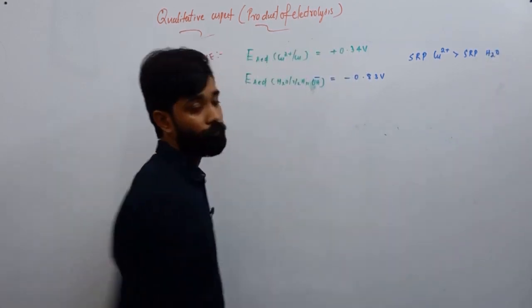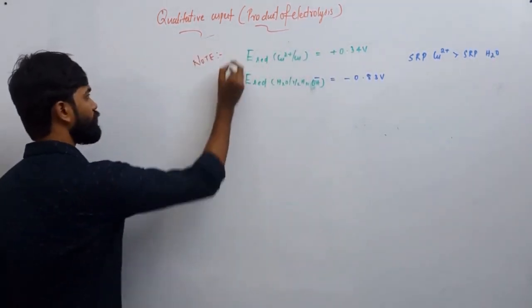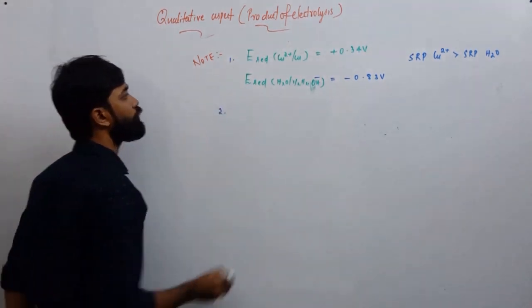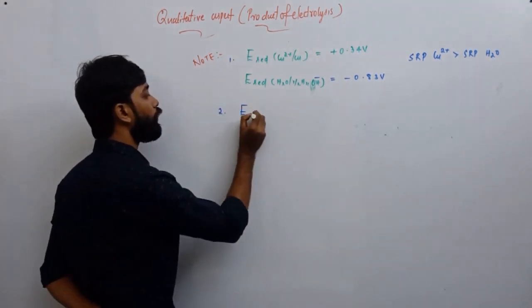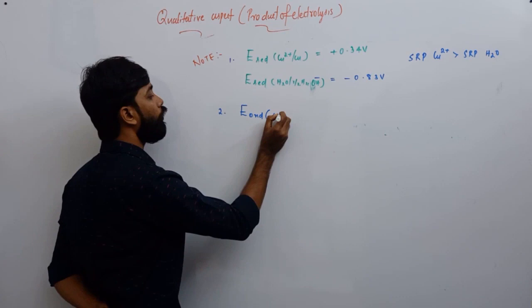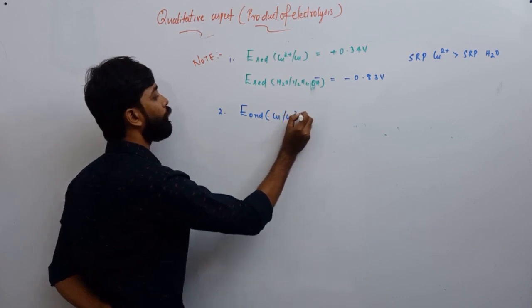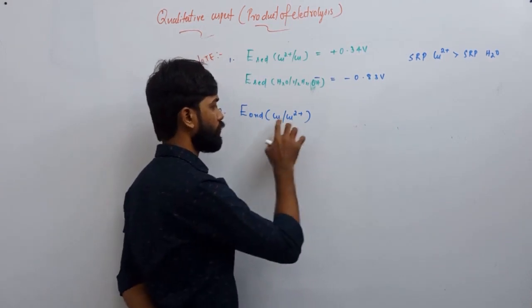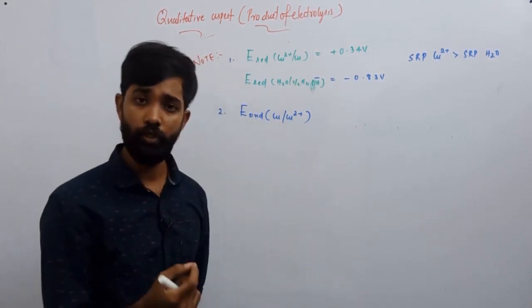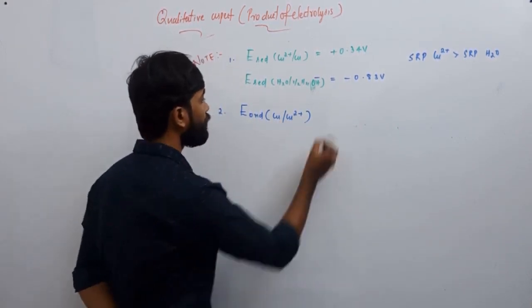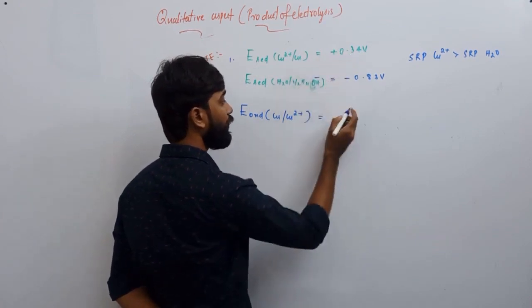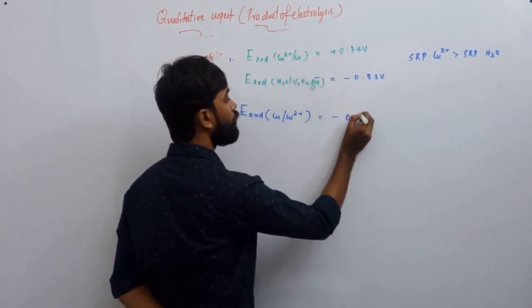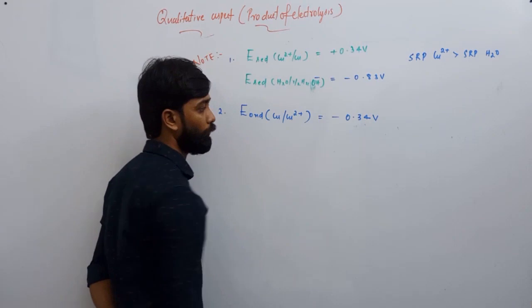So the first point is okay. Then what about the second point? The second point is the oxidation potential of copper. What do you mean by oxidation potential? The potential involved in the process of oxidation. The oxidation of copper means Cu becomes Cu2 plus. And this value will be exactly the negative of the reduction potential, that is minus 0.34.